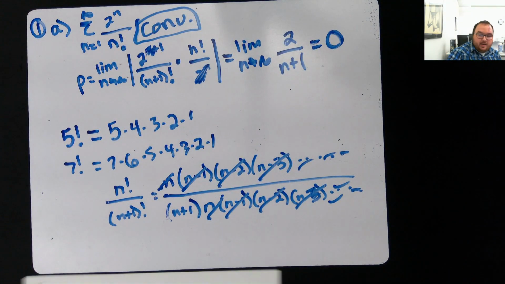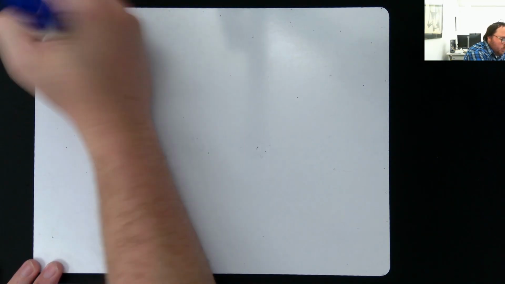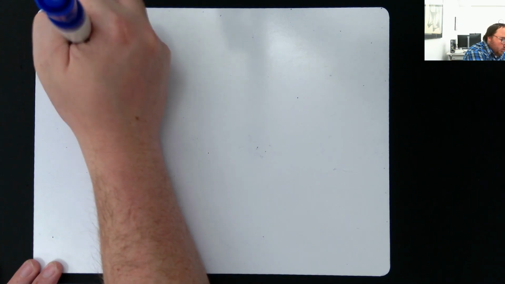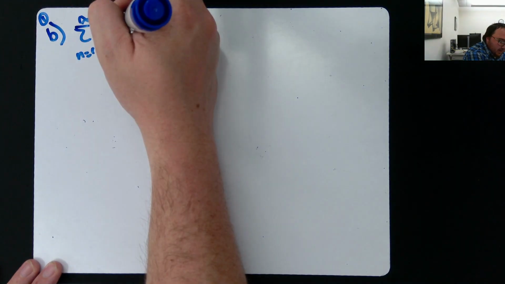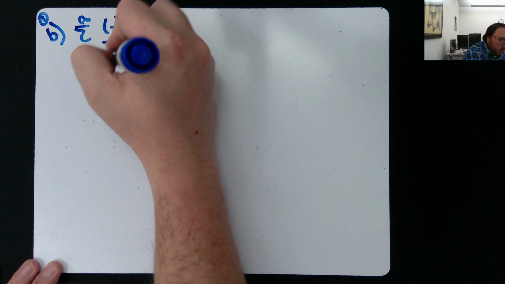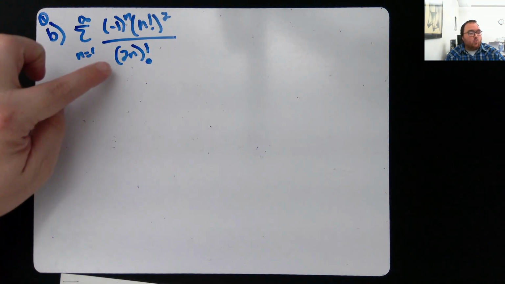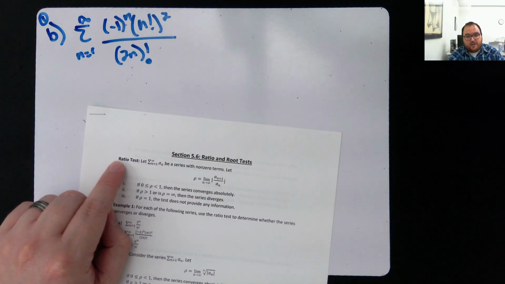Let's do example B. This is 1b. Sum from n equals 1 to infinity of negative 1 to the n, n factorial squared over 2n factorial. So once again, this has weird terms that I don't really know what to do with, so I'm going to use the ratio test.